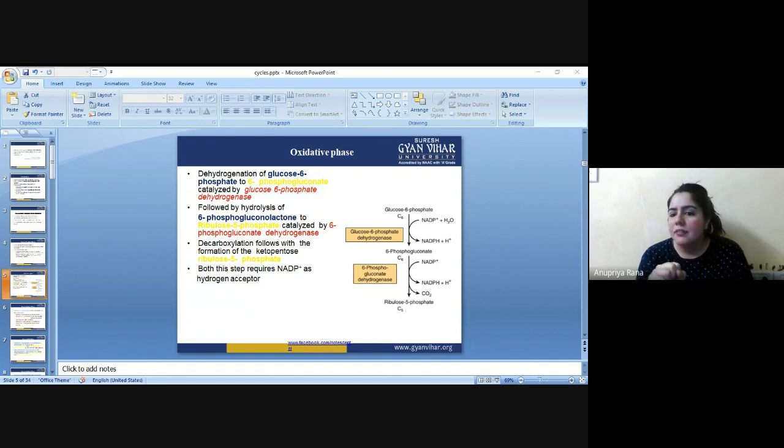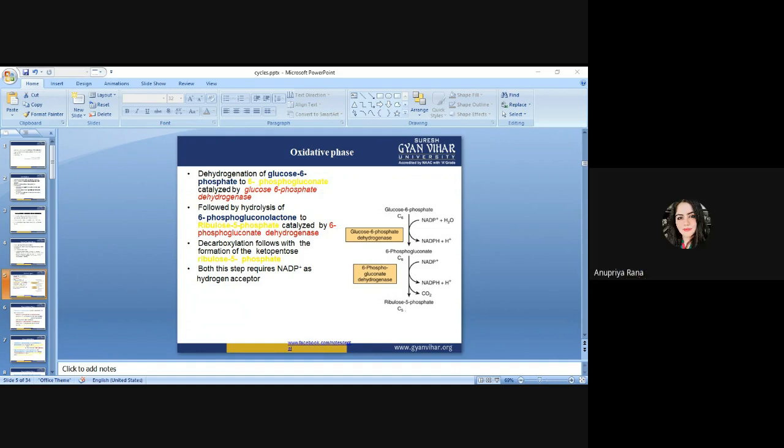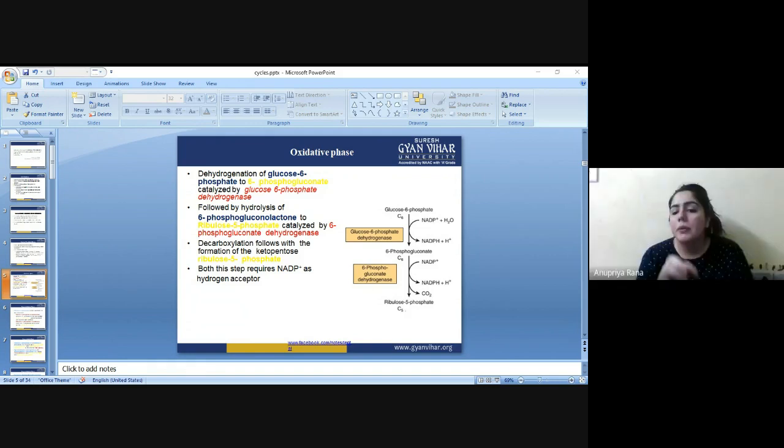Now you can see the carbon number is changing. The carbon number here is 6. This gluconate dehydrogenase, the enzyme used here, basically removes a carbon dioxide from 6 phosphogluconate. It releases carbon dioxide as a byproduct along with NADP converting to NADPH.